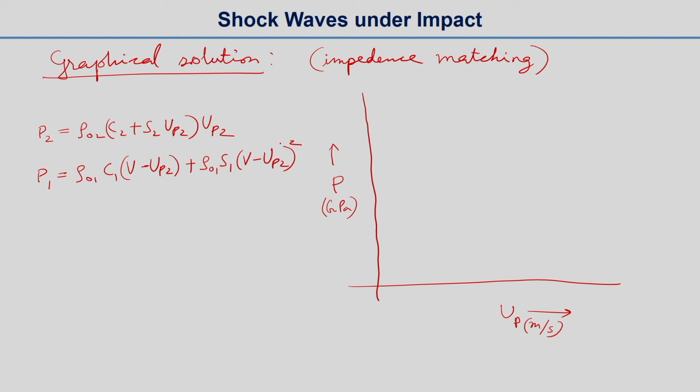So, this is for the projectile. I do not want to confuse you again, so probably we can write all of these with subscript T. So, all these 2 will be replaced by T.